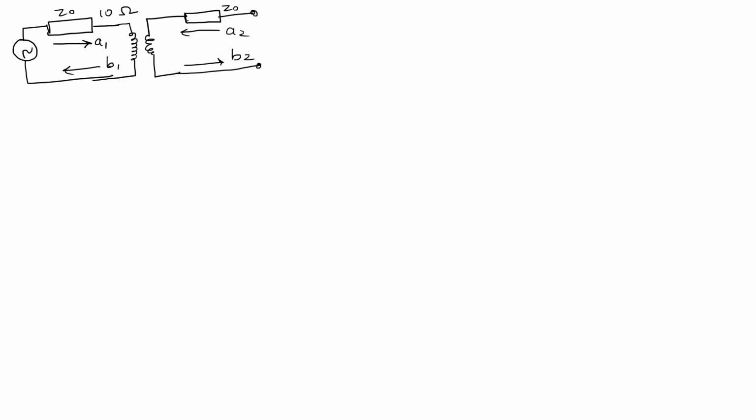If we approximate this two-port network by removing the transformer, and we need to find out Z1 and Z2, how would the circuit look?